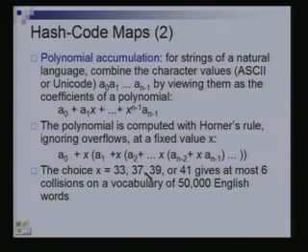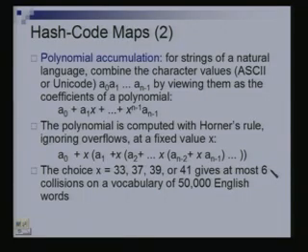So people have found that if you work with x as 33, 37, 39 or 41, and you take, let's say, an English dictionary with about 50,000 words in it, and use this technique to convert your words into integers, then you will not get too many collisions.